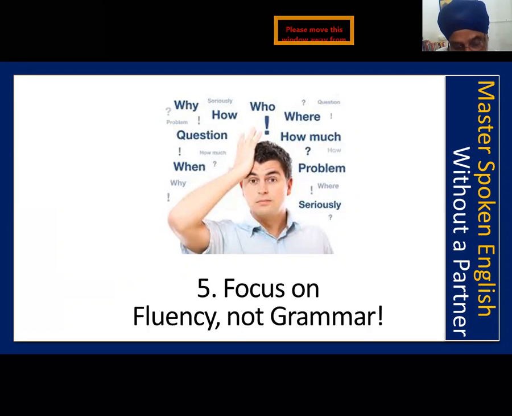Nobody is checking your grammar. In fact, in order to understand the message behind your spoken or written language, it is not necessary that it be grammatically correct. Even if your sentences are grammatically wrong, people will still be able to get your message.